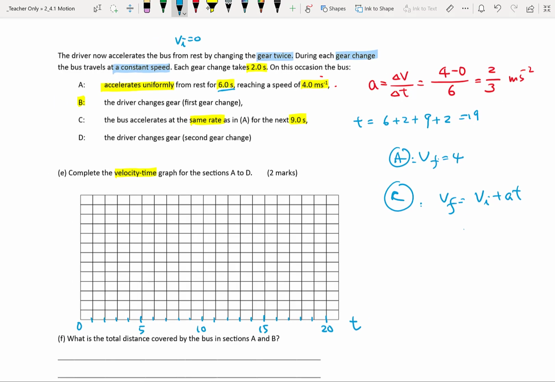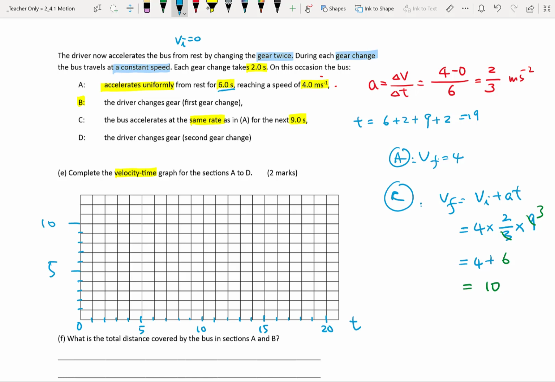So at stage 1 they travel to 4, the acceleration is 2/3, and they travel 9 seconds. So the 3 and 9 cancel to become 3. 2 times 3 is 6. So the second stage speed will be 10. Let's have a look: 1, 2, 3, 4, 5, 6, 7, 8, 9, and this is 10. The final speed will be 10.